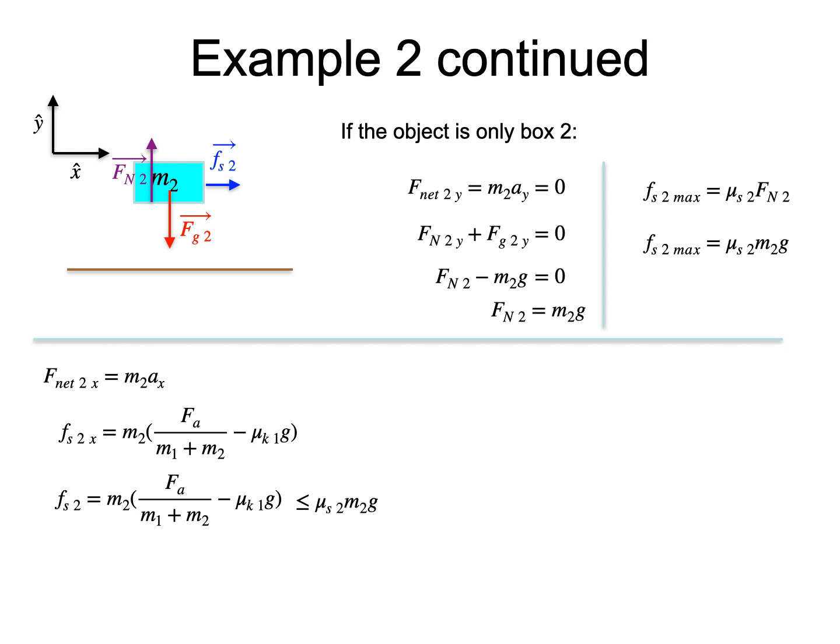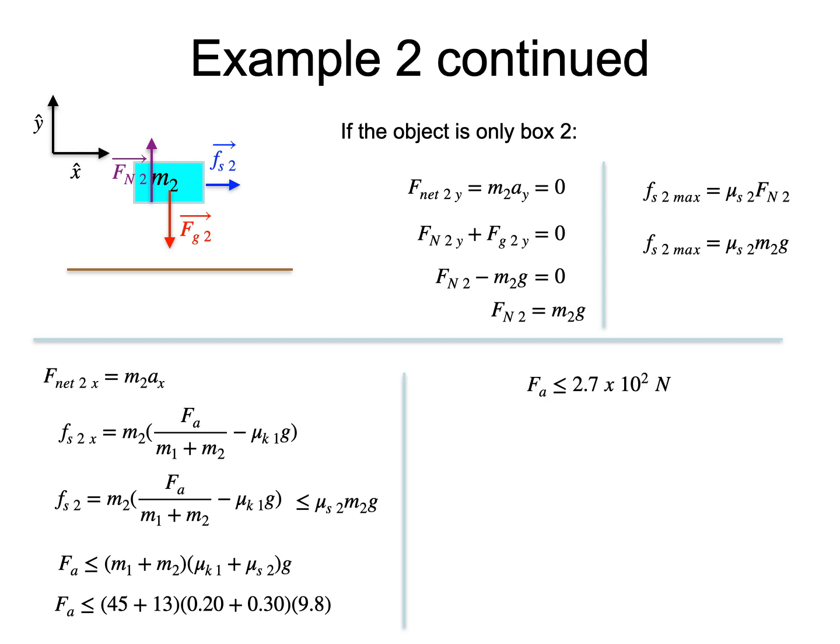Let us now isolate the magnitude of the applied force in this inequality. We have reached a stage where we can substitute the numerical values for the givens and find the numerical value for the upper limit of the range. Combining the result from before, we can write the final answer.